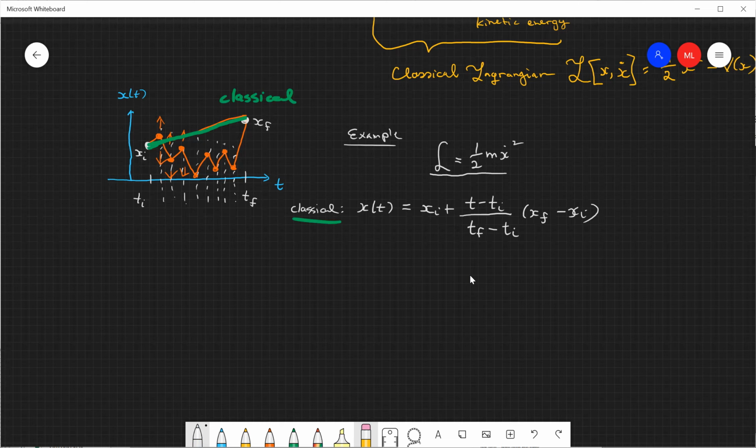Basically, any path going from the initial to the final point. And so quantum mechanically, the probability amplitude for going between these two points is, again, given by this path integral.